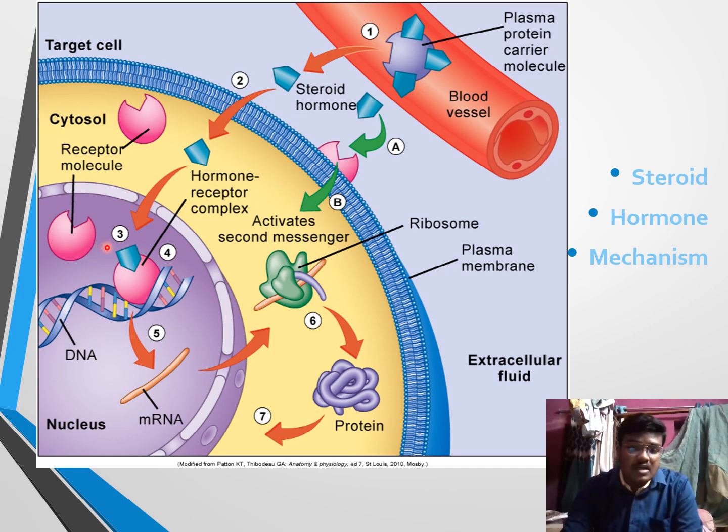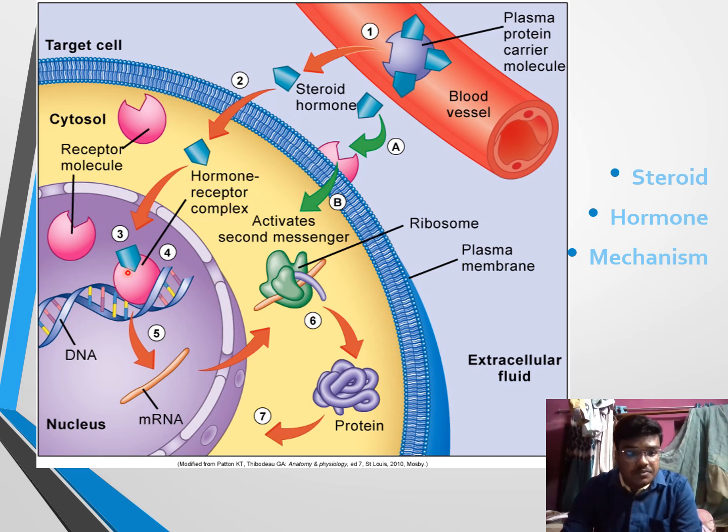After release into the bloodstream, the steroid hormone is carried by a plasma protein carrier molecule, and after being released into the target cell, it diffuses through the plasma membrane and binds with either the cytoplasmic receptor or enters into the nucleus and binds with the nuclear receptor.